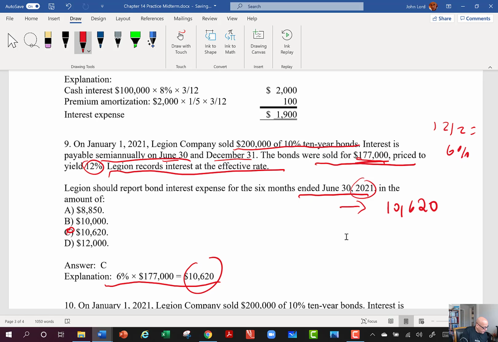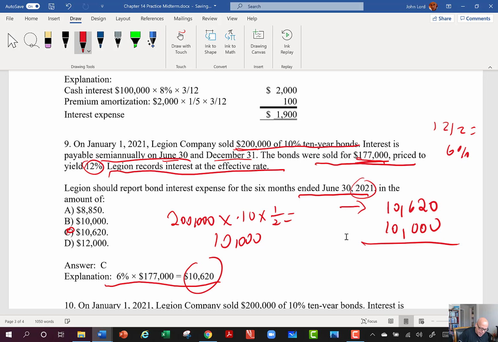Then we would compare that to the cash interest. Cash interest is the face amount, $200,000, times 0.10, times 1/2, right? And that would come out to 10,000. So the difference between the 10,620 interest expense and the cash interest of 10,000 is 620.